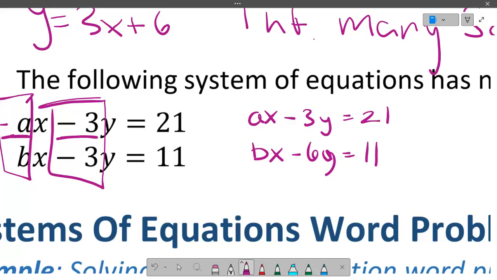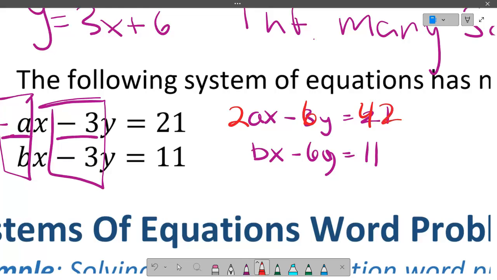I have no solution, right? And I want to know what's the value of a divided by b, right? Well, these aren't the same anymore, are they? Can I make them the same? By doing what? I can double it, right? Multiply it by 2. So then I have 2ax minus 6y equals 42.